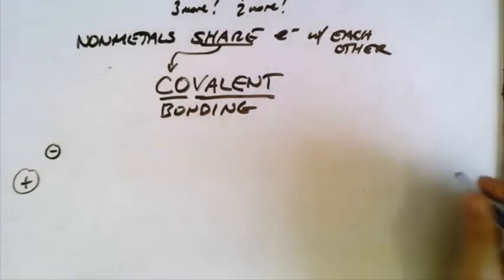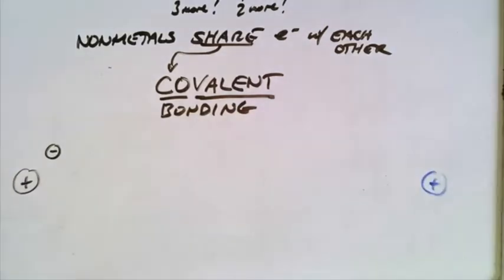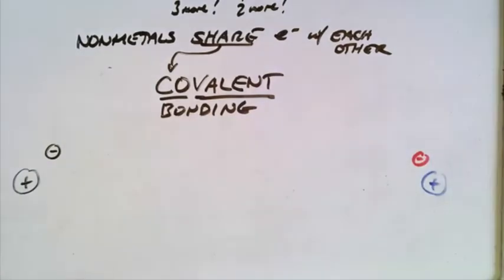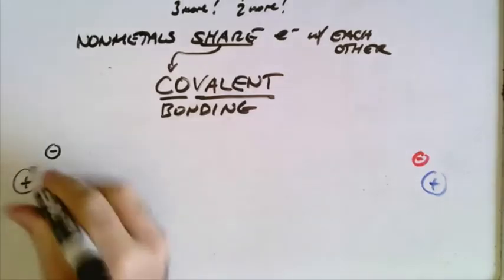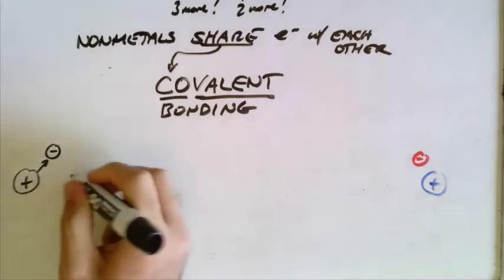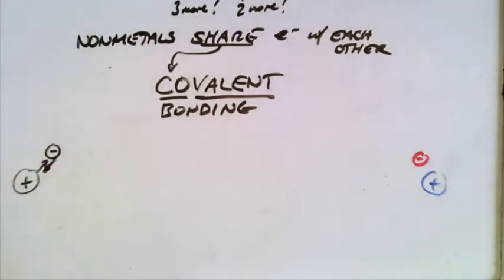And I'm going to do a little color coding on the opposite side here and make this one a blue nucleus and a red electron. If I have these two atoms very, very far apart from each other, the dominant force that's going to be felt by this nucleus is attraction to that electron. And the dominant force this electron feels will be attraction to its nucleus.